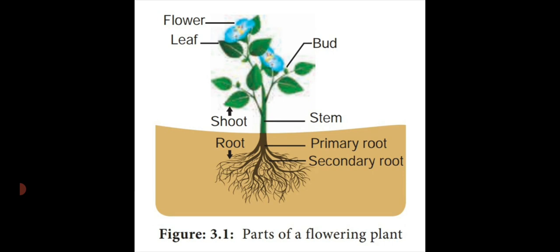Internodal region. So the space between successive or adjacent nodes is known as the internodal region. This is the region which is present in the shoot system or stem.